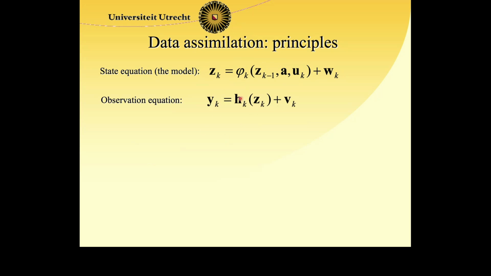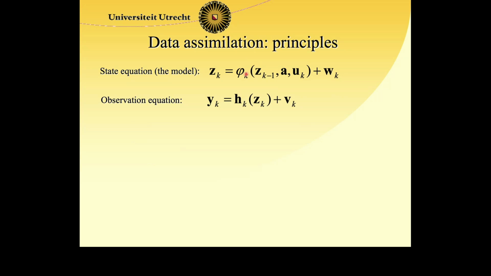So we have an observation operator that maps the state onto the observation space, plus some additive noise. So this can be a nonlinear function or a matrix function, even a nonlinear matrix function of the state. So now you see the difference is that nothing is necessarily linear.